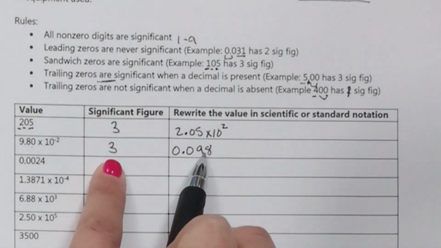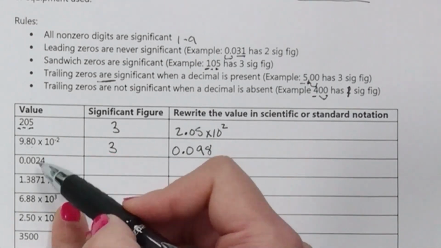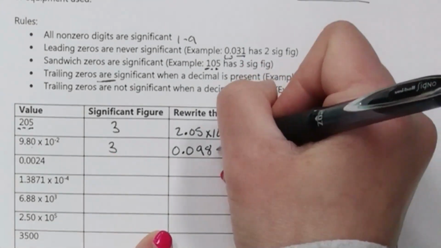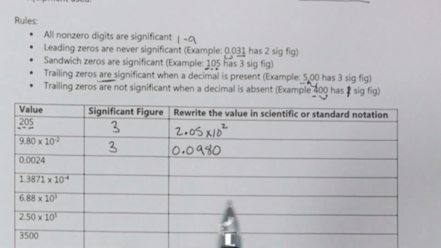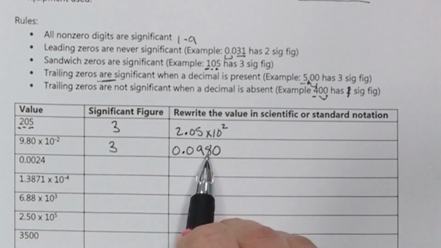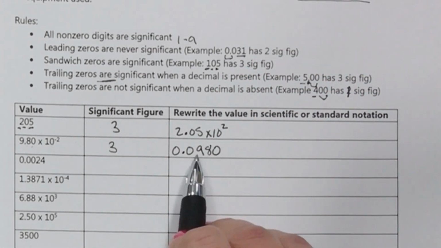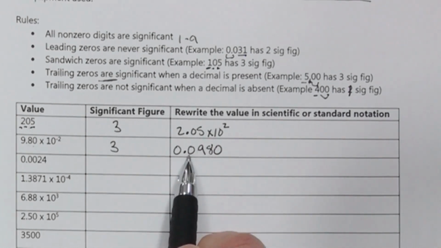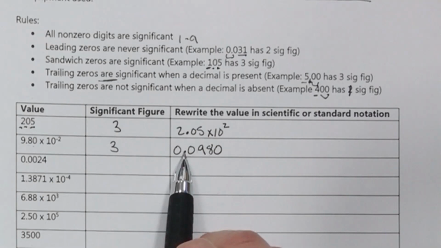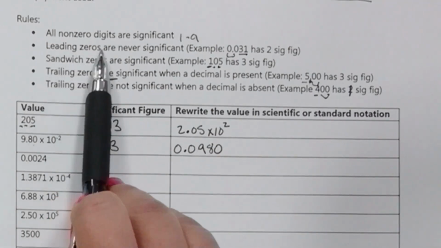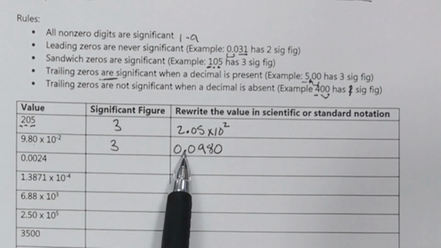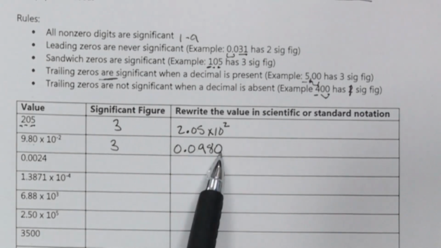Now I have 3 significant figures, so I need to add this 0 in as well. This 0 is locked in by whole numbers. This 0 is not. So these first 2 zeros are what we would consider leading zeros. They are not locked in by whole numbers. This 0 is.